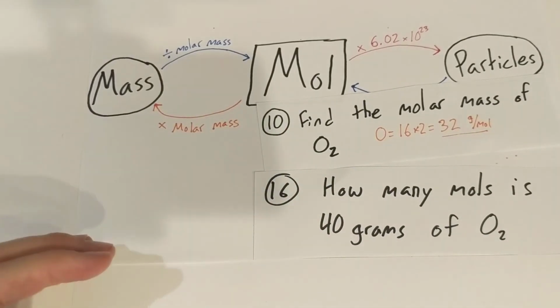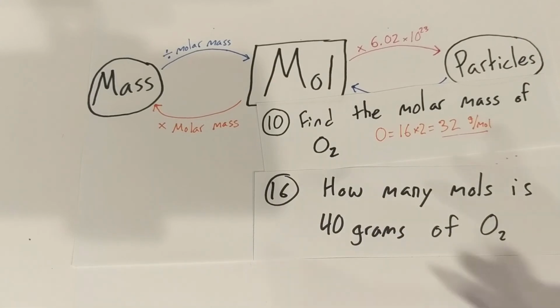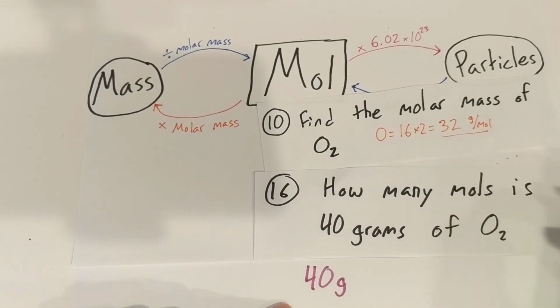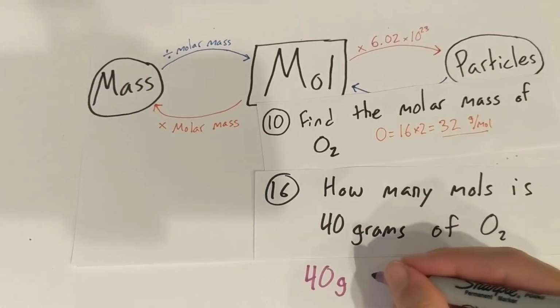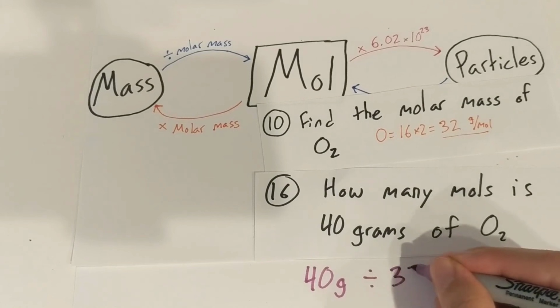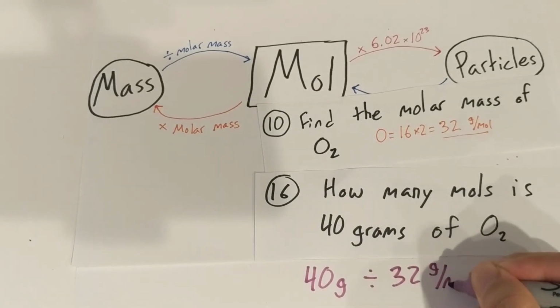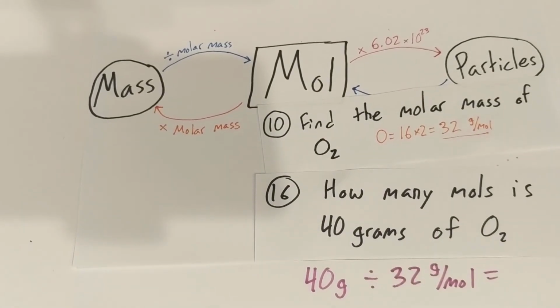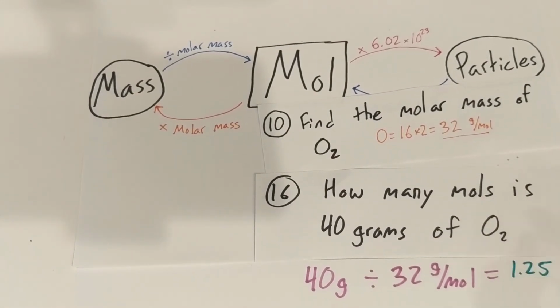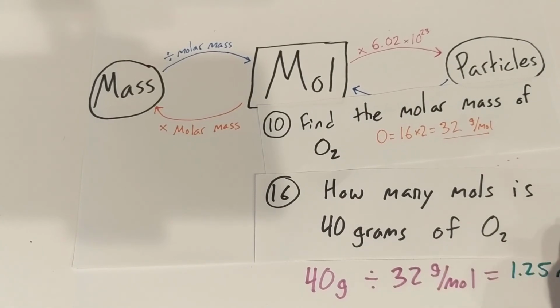So now we just have to write this down. We have 40 grams of oxygen. We need to divide it by 32 grams per mole. And it should be 1.25 moles of oxygen.